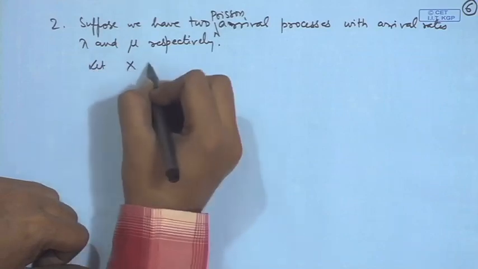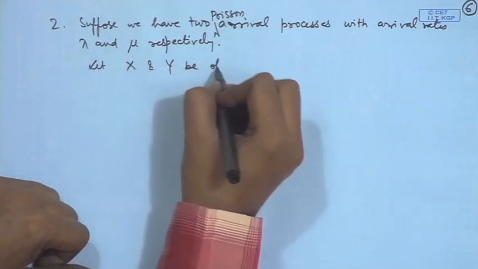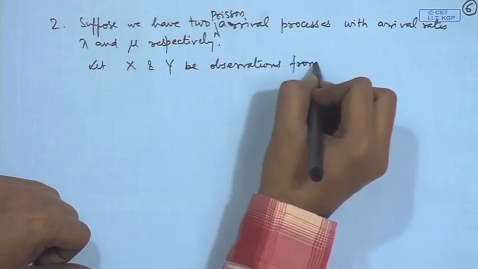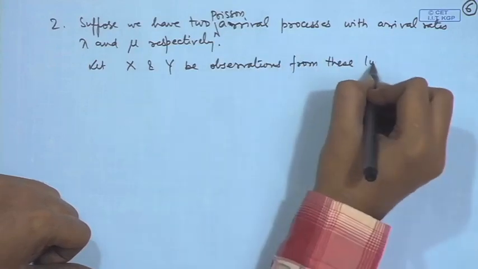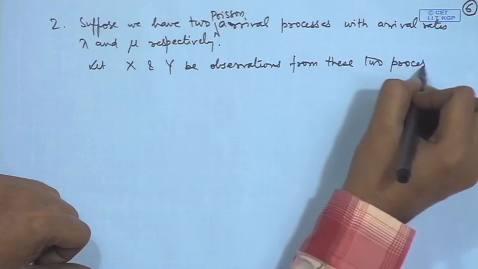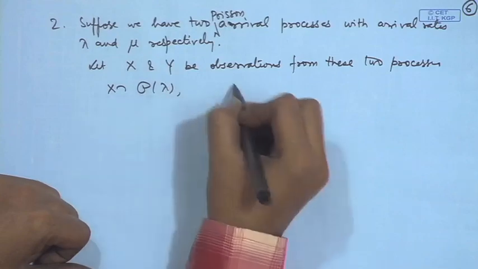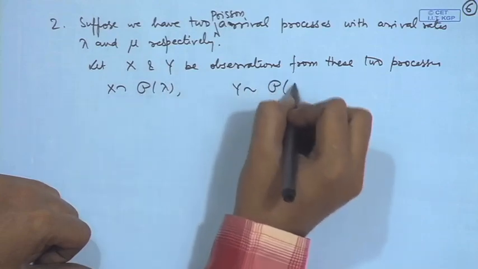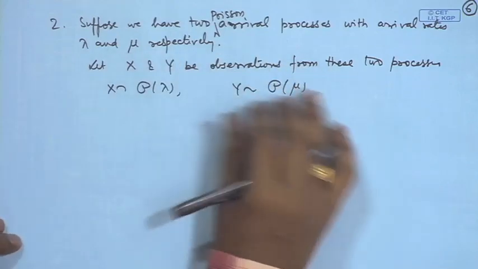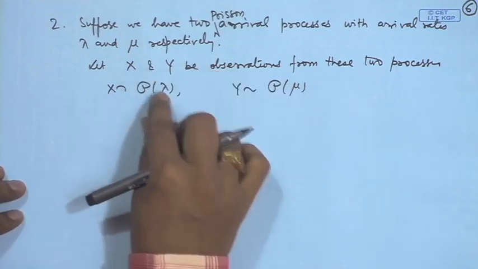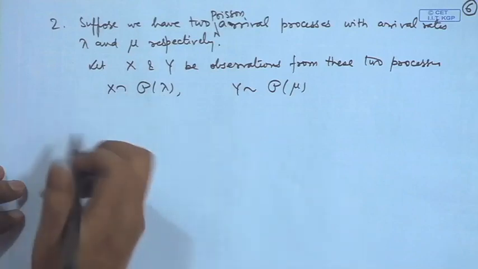Let x and y be observations from these two processes. That means, I am assuming say x follows Poisson lambda, y follows Poisson mu. That means, we have fixed the time or the area, etc., in which this is, that means, they are on the same scales that we are considering.